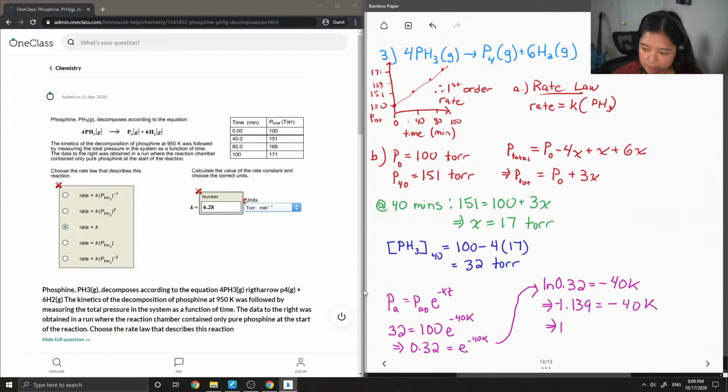And then I got my K value as 0.0285 inverse minutes.